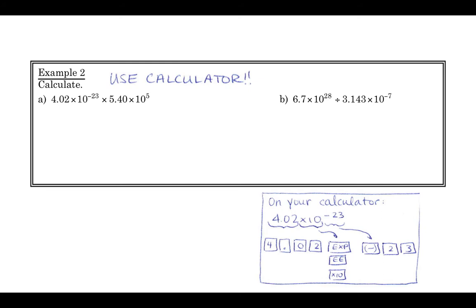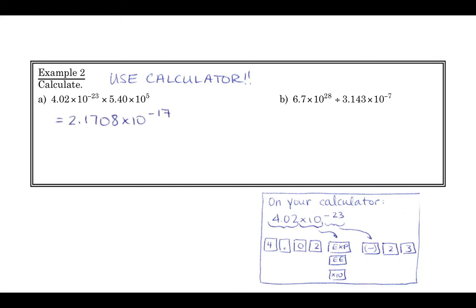The way that you would enter 4.02 times 10 to the negative 23 is 4.02, and then don't write times 10 to the power of, because you have a button on your calculator that either says EXP, or EE, or times 10 to the. You would press that button next, and then enter negative 23.